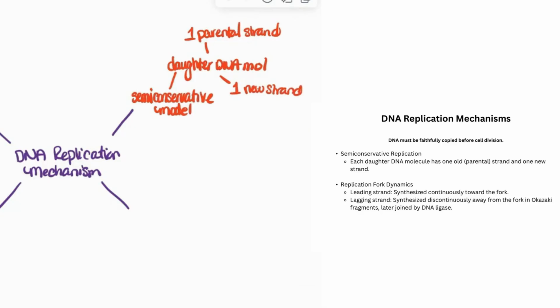So that's the semi-conservative model generally. Each daughter DNA molecule has one parental strand and one new strand.